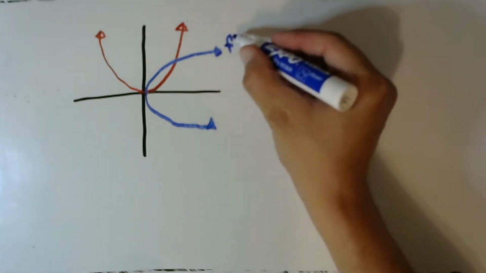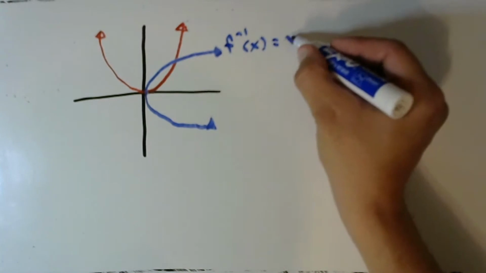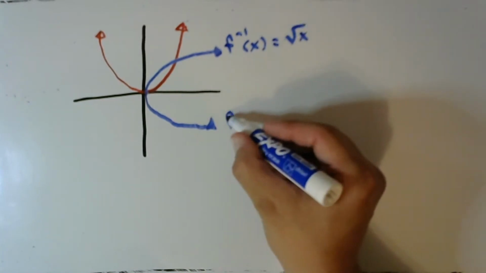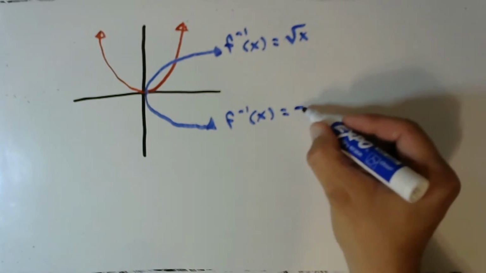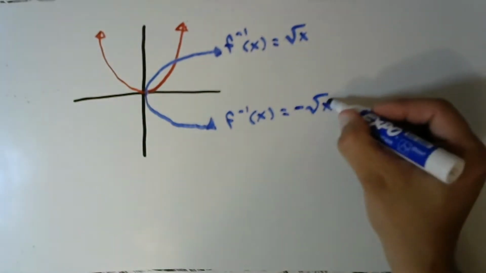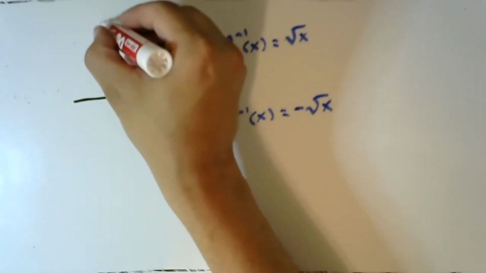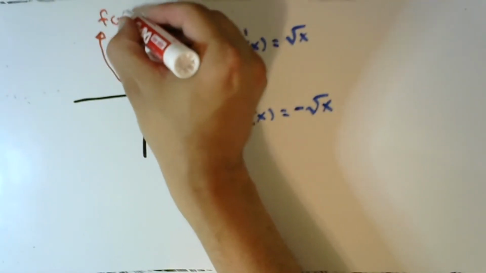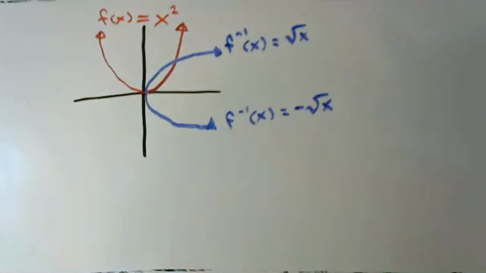So here's where we have f inverse is the positive square root. F inverse is the negative square root. And then over here we have our function f of x equals x squared.